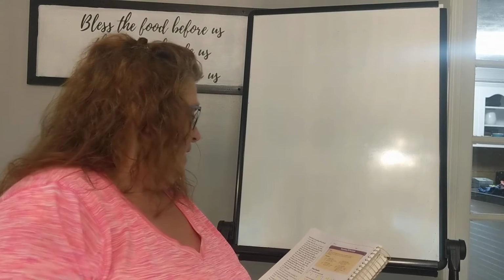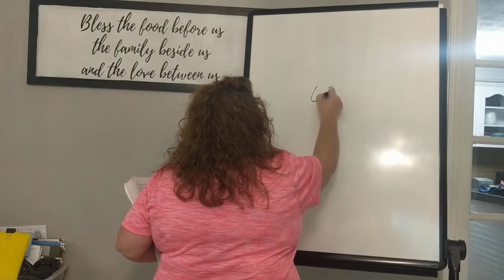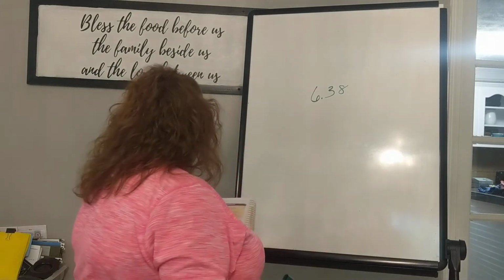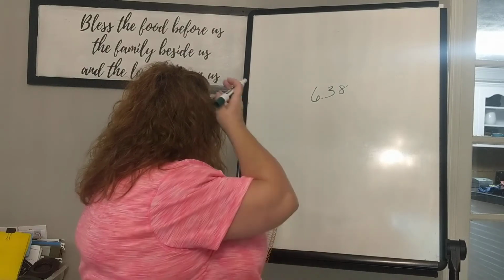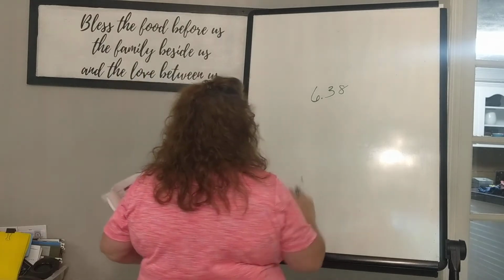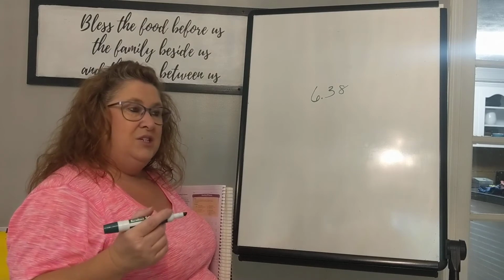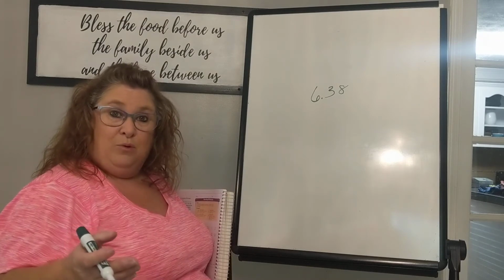So let me start. If we have $6.38 and they're telling us to round to the nearest tenth, our looker digit is always the digit behind the number we're rounding to.